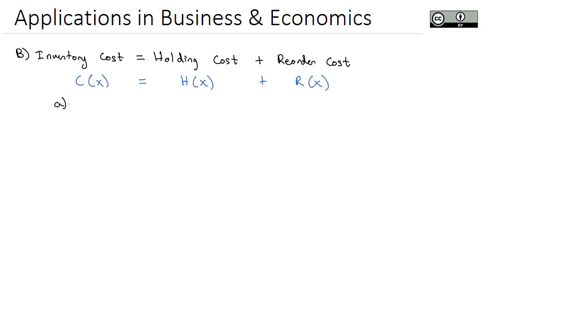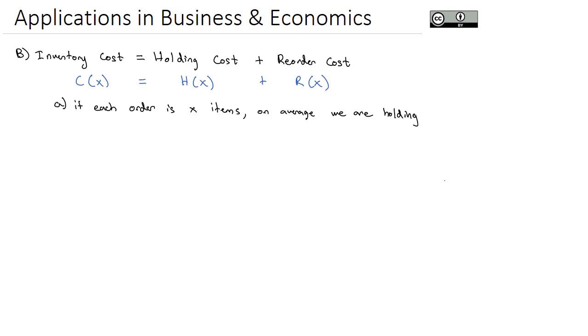Now, if each order is the same size, if each order is x items, on average we are holding, you've got to think that x items is going to go down to 0, and then it's going to go back up to x. Then it's going to go down to 0, then back up to x.